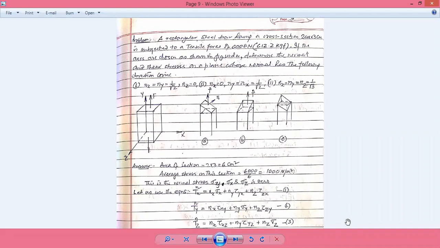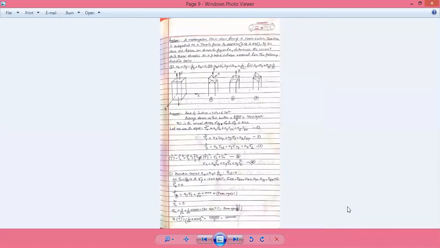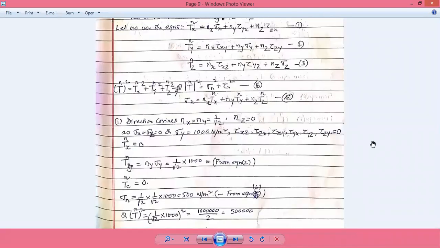Now, let us use this equation, Tx, Ty, and Tz equal to so and so. Now, what will be T squared, that is Tx squared, Ty squared, Tz squared.